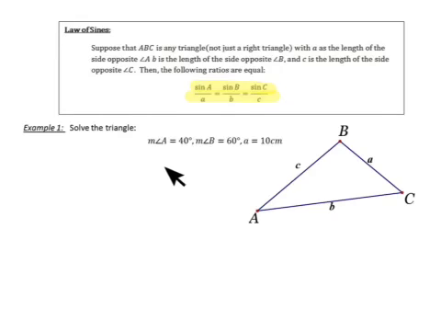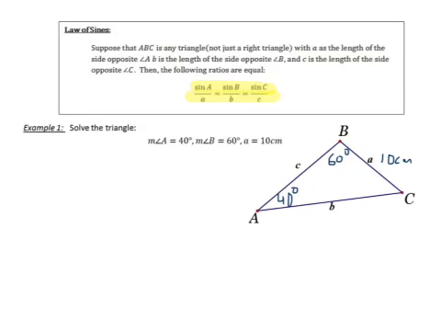So here we have a triangle, and we know that A is 40 degrees. We know that angle B is 60 degrees. And we know that side A is 10 centimeters.